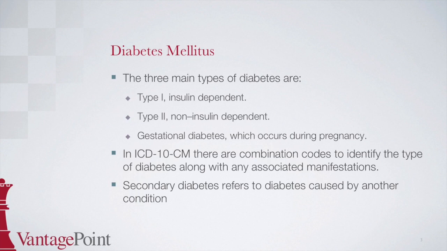There are many more diabetes codes in ICD-10 compared with ICD-9 due to the fact that we now have combination codes, which combine the type of diabetes, such as type 1 or type 2, with associated complications, such as type 2 diabetes with peripheral vascular disease. There are also codes for secondary diabetes, meaning diabetes caused by a disease such as cancer or diabetes due to drugs. If the documentation does not include the type of diabetes, the default for coding is type 2 diabetes.